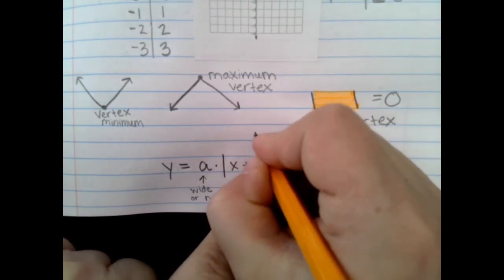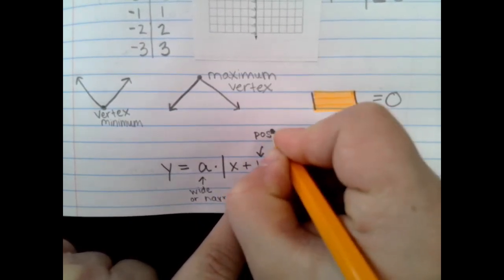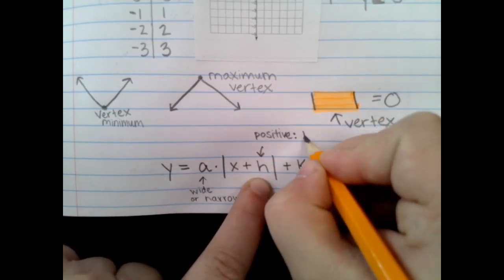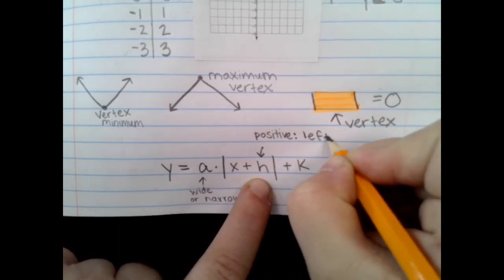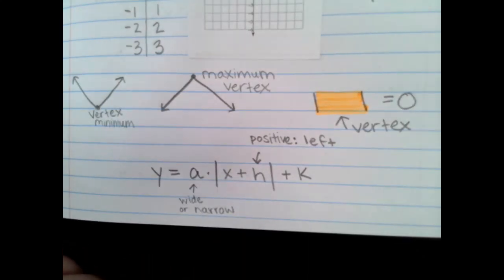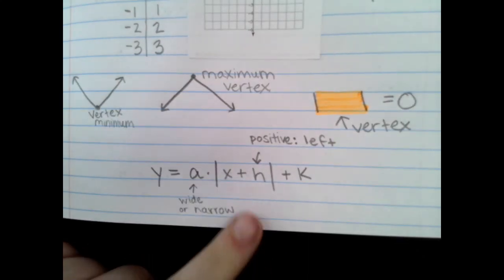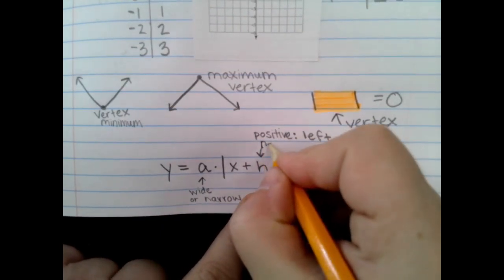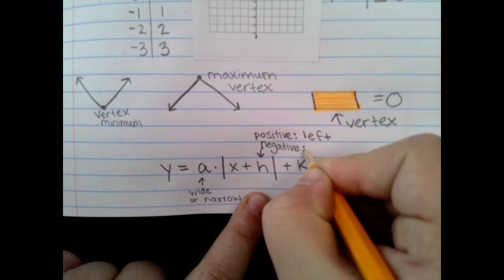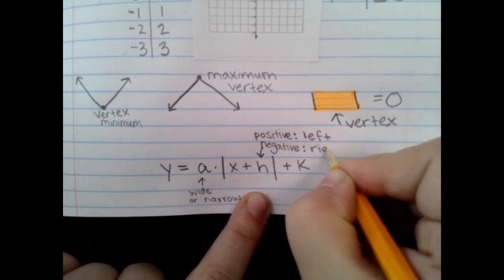So if h is positive, this graph is actually going to move left. If h is negative, it's actually going to move right.